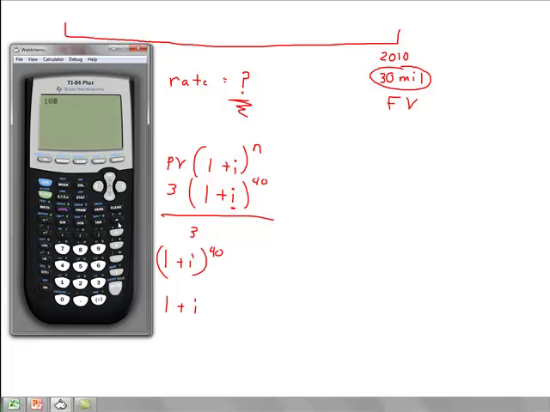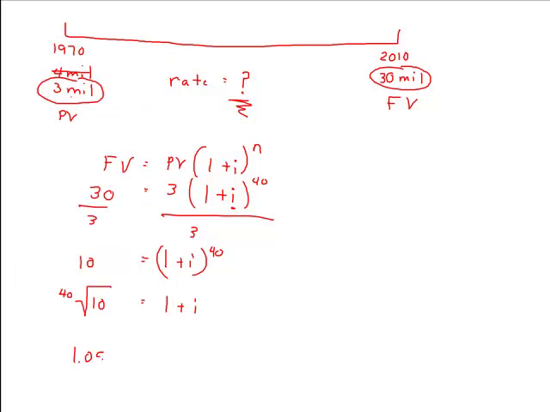So 10 raised to the power of 1 over 40. And I get 1.05925 equals 1 plus I. And then I can subtract 1 from both sides, and I get 0.05925 equals I. So the rate is approximately 6%, or 5.925%.